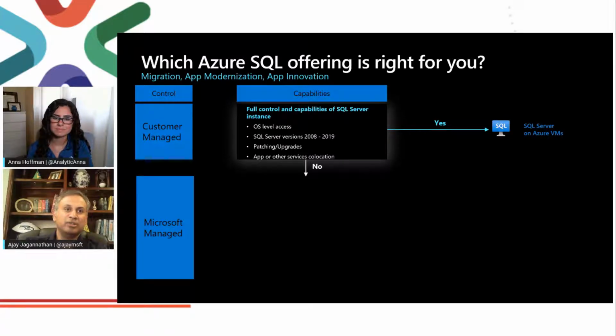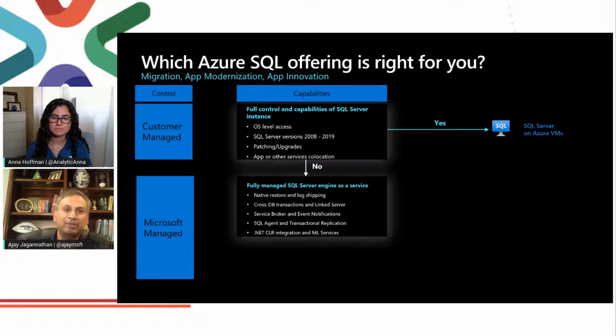Now, the second question comes: this is a lot of operational work for me. I want to really leverage the benefits of cloud, like Anna talked about, the best of SQL with the best of cloud. Then you can leave it to Microsoft to manage your environment, so you become a fully managed service. Here, the decision becomes what level of capabilities your application needs.